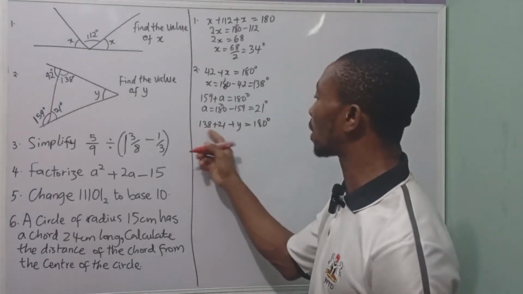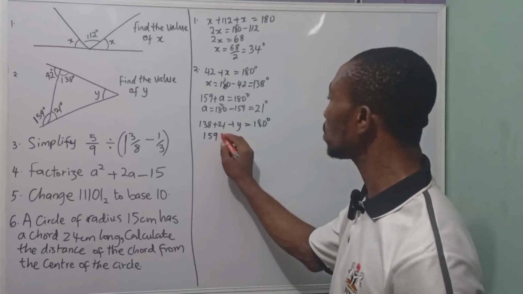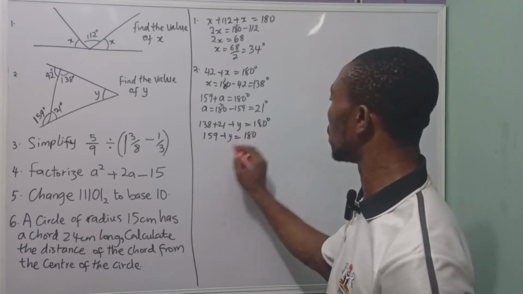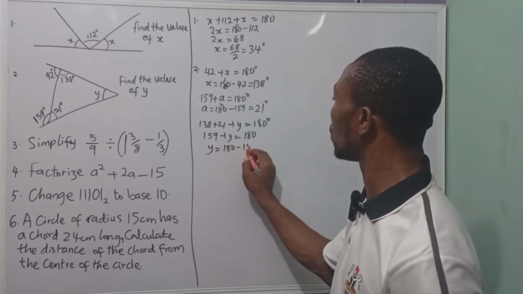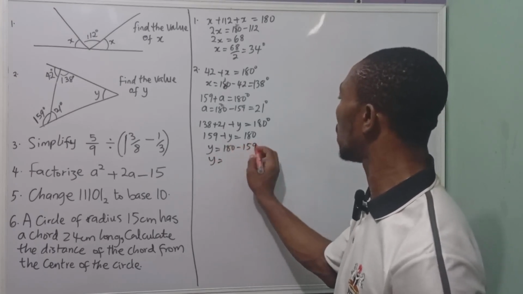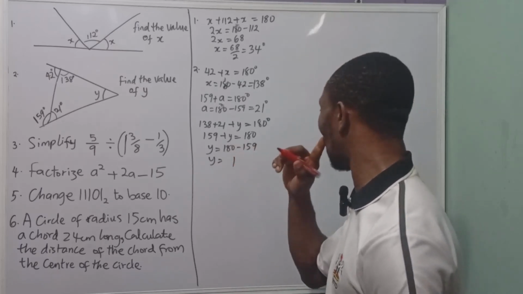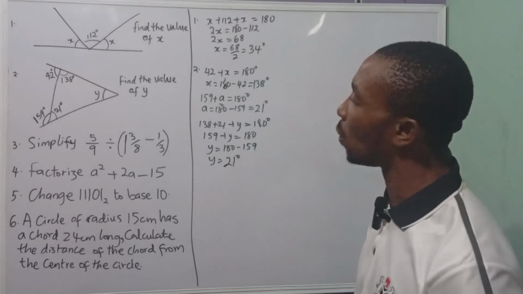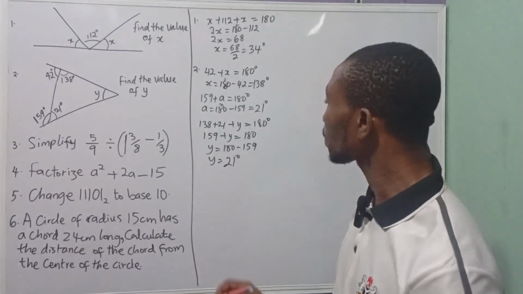Now, collecting like terms here, this gives us 159 plus y equals 180. So our y equals 180 minus 159. So the value of our y would be 21 degrees.